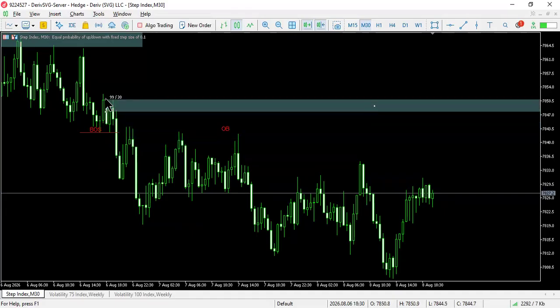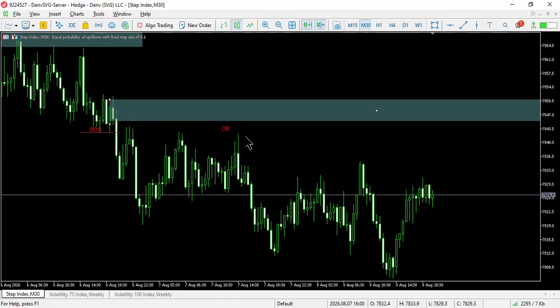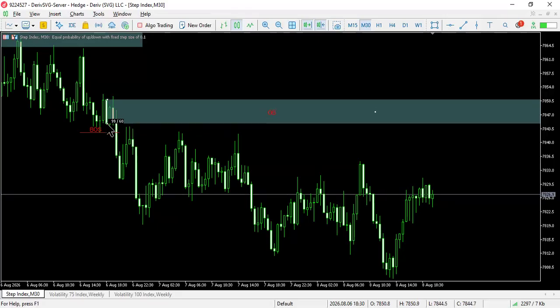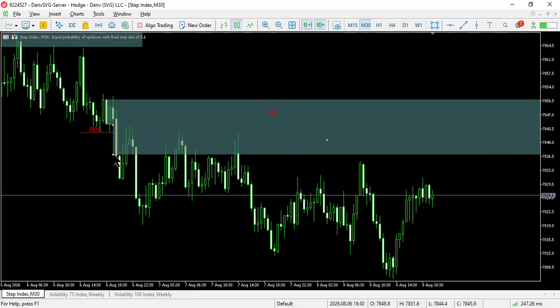Break of structure, and then our order block is at that level. And then we have the fair value gap right there.